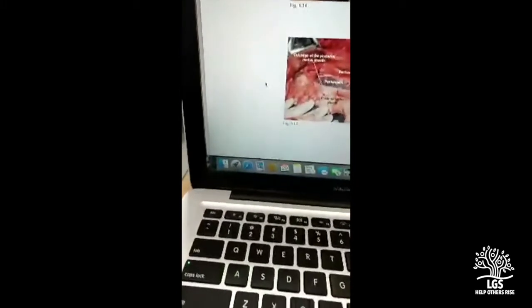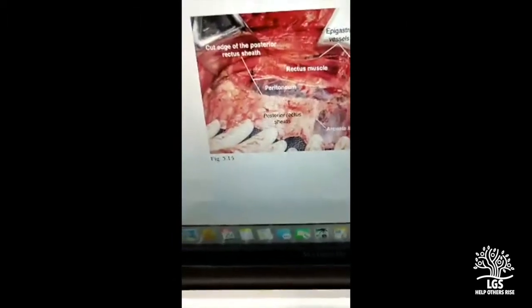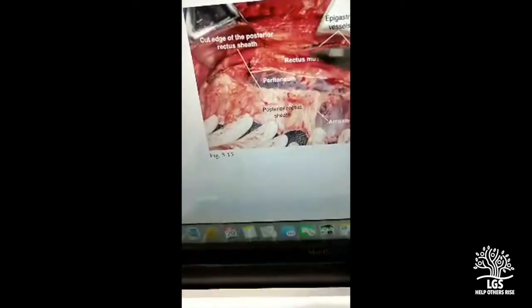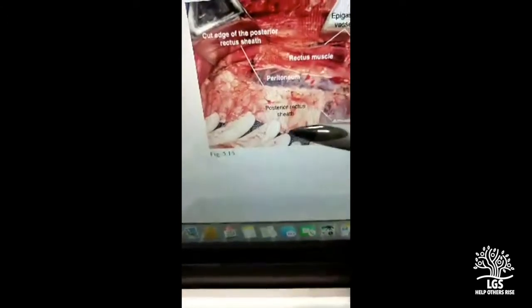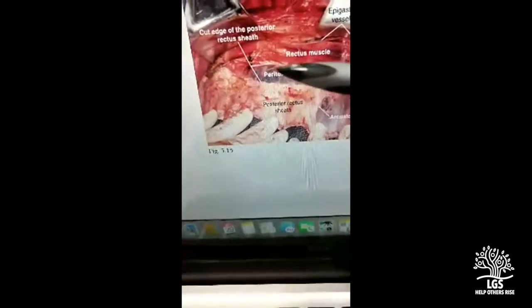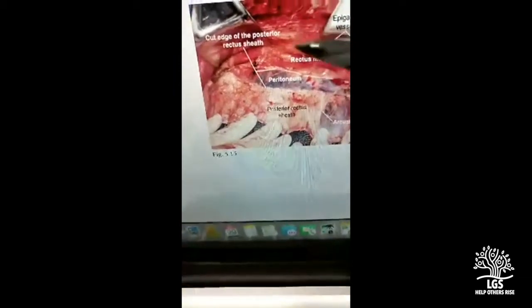Now, having divided the transversus, what we see in the end is only peritoneum. And this is the posterior rectus sheath. Now this can be pushed laterally with a sponge stick, and it is sensible to push the peritoneum away from the muscle, rather than the muscle away from the peritoneum.